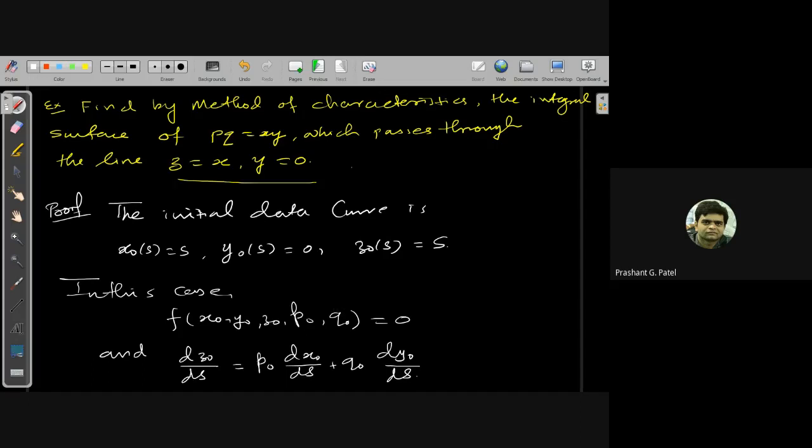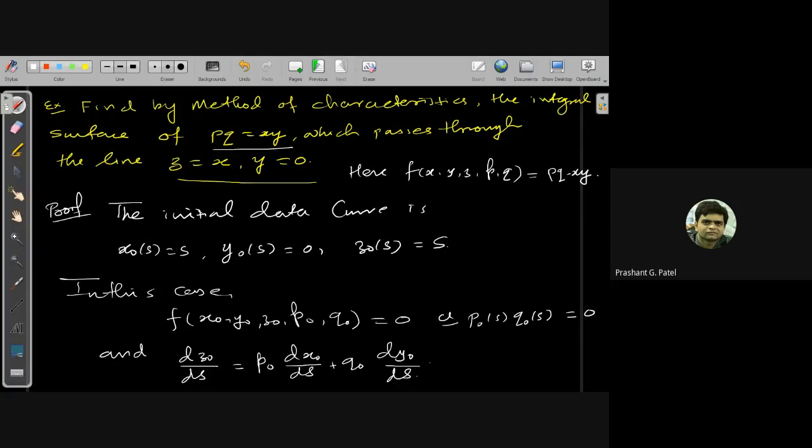Here, what is f of x, y, z, p, q? That is this equation, which is pq minus xy. So as per this, x0 is s, y0 is 0, z0 is s. If I substitute all these values here, this leads to p0(s) times q0(s) equal to 0.